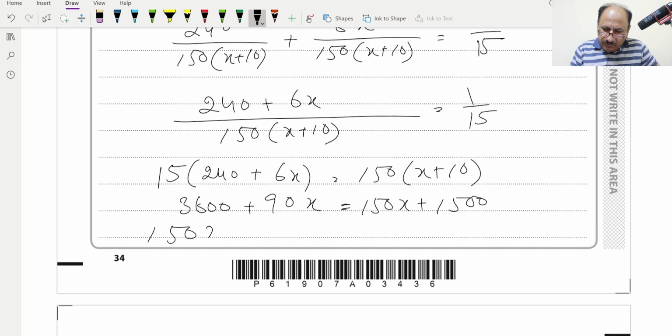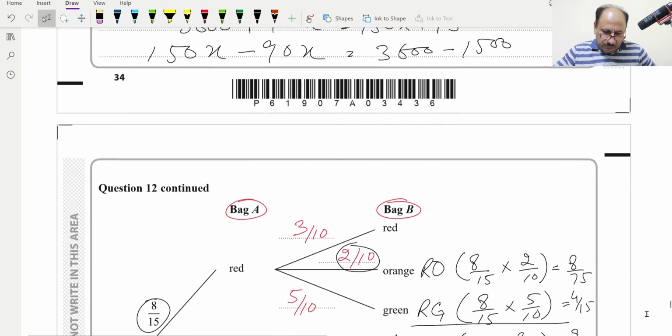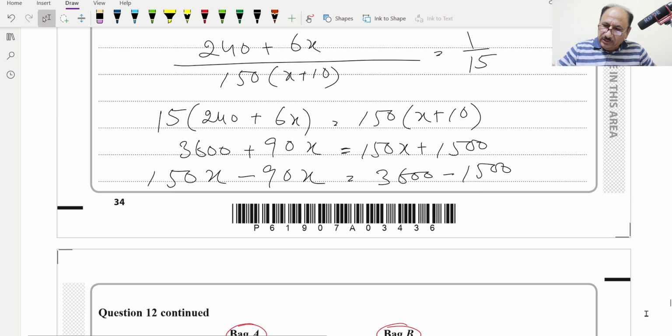So 150x minus 90x is equal to 3600 minus 1500, and further we can basically solve over here.